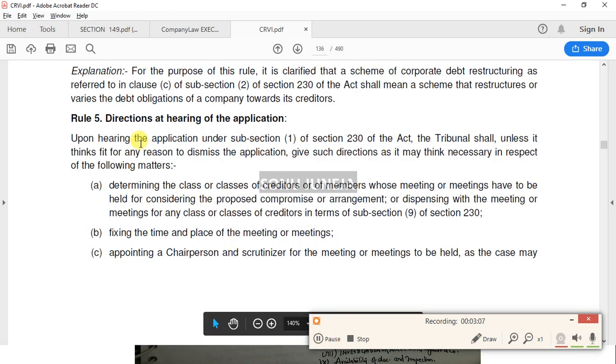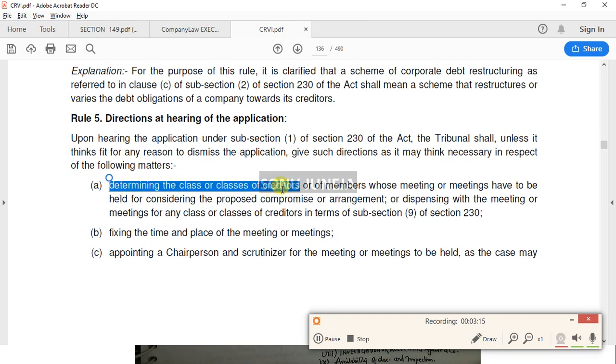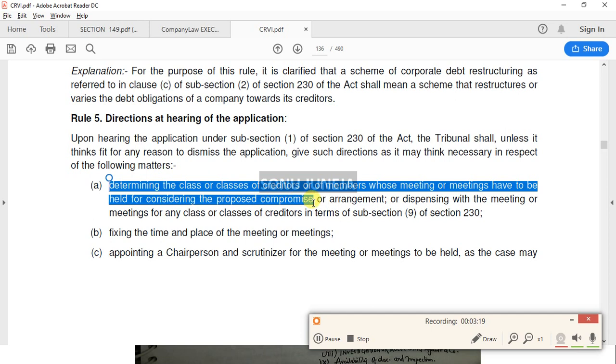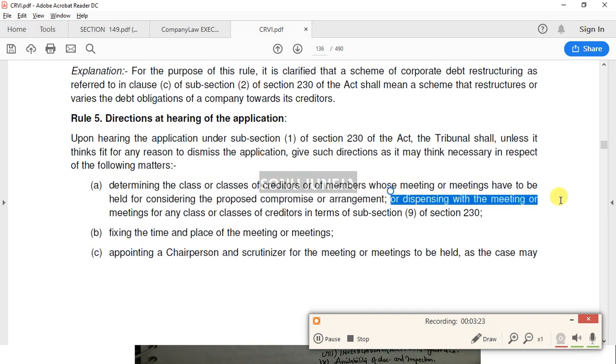Now talking about the direction at hearing of the application, points A to I are as here. They have to determine the class or classes of creditors whose meeting or meetings have to be held for considering the proposed compromise or arrangement, or dispensing with the meeting for any class of creditors under subsection 9 of section 230.